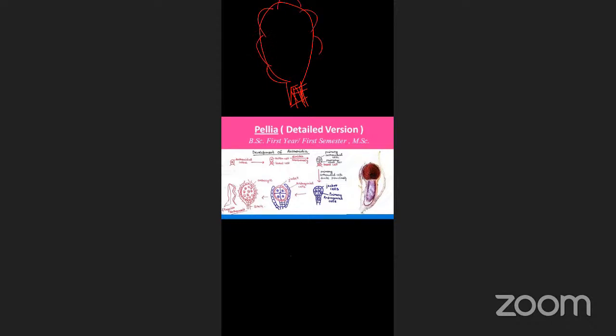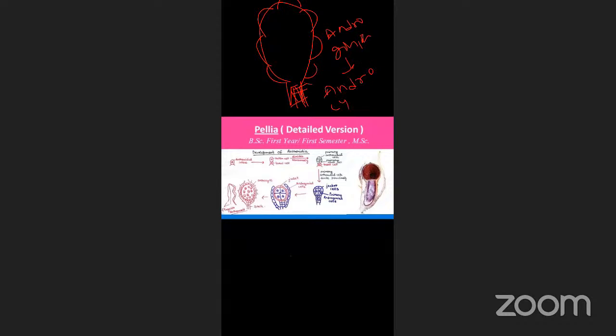How do the male gametes develop inside the Antheridium? First of all, androgonial cells. Next, androcyte mother cell. Remember these words.